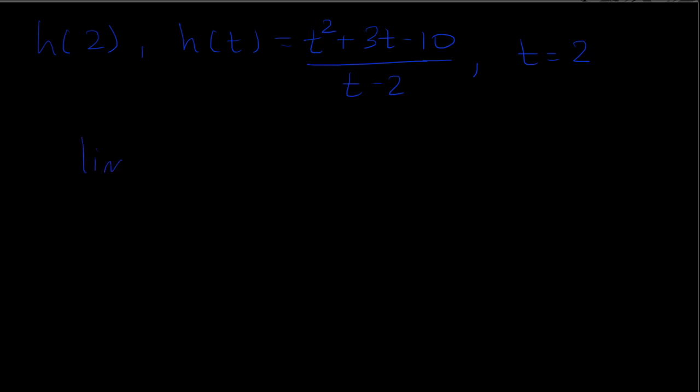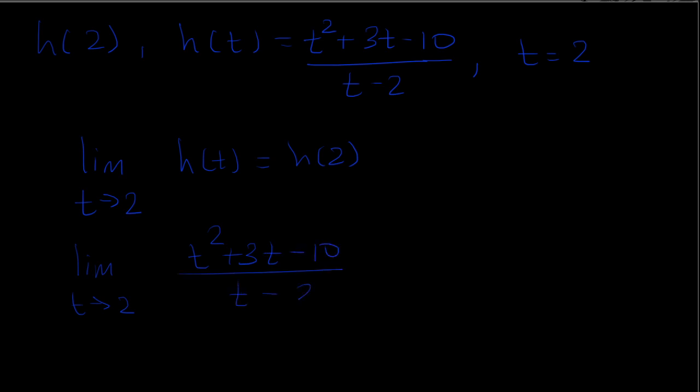So we want this to satisfy the limit as t approaches 2 of h of t equals h of 2. Now h of t is t squared plus 3t minus 10 over t minus 2.